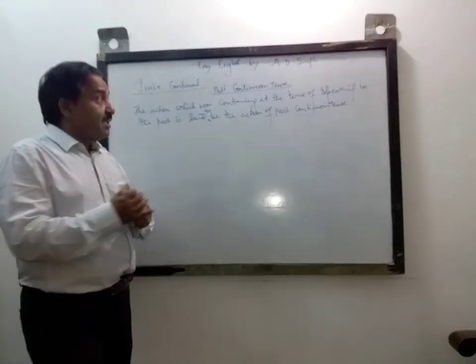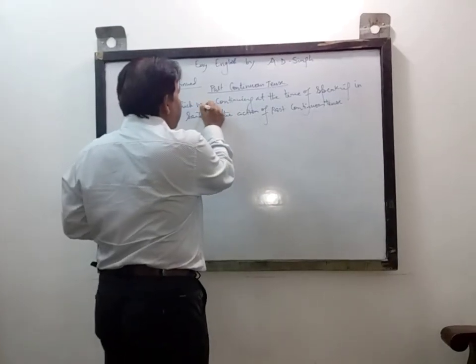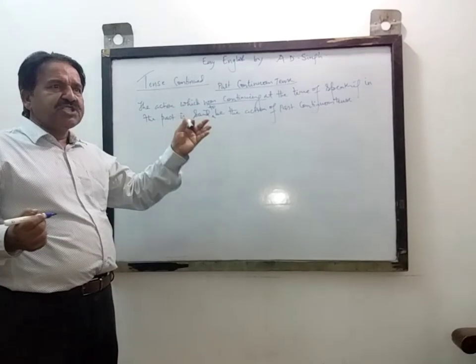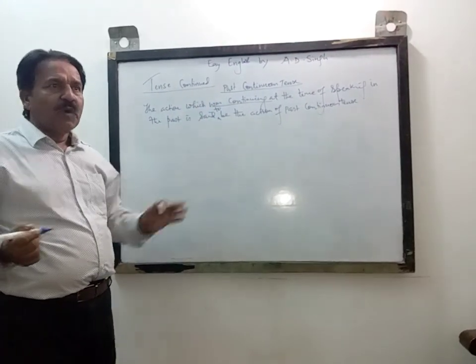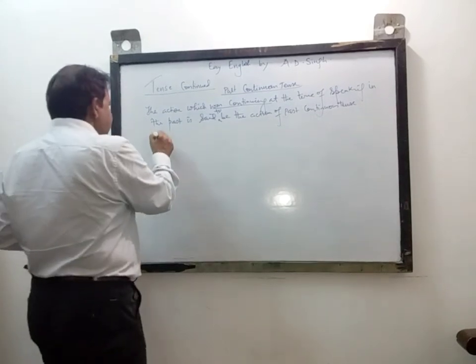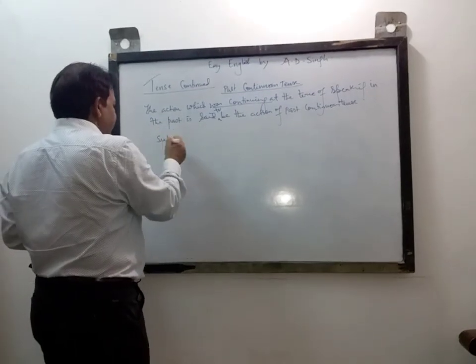The key factor is "was continuing." This is the key factor. So obviously the structure will contain a V4. Let us see what the structure is like.